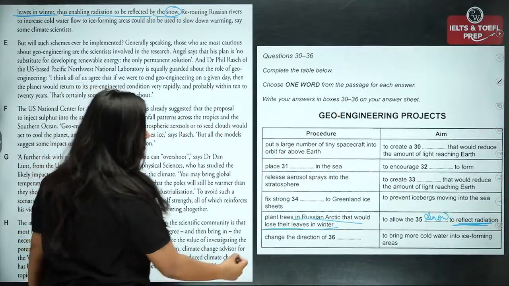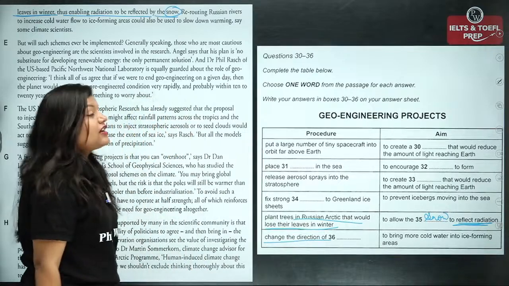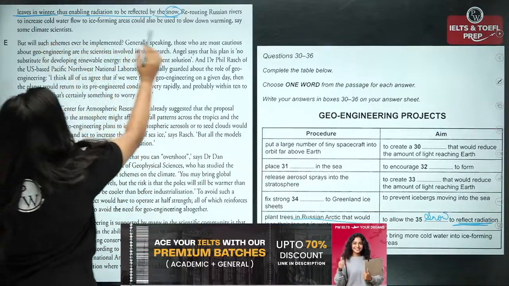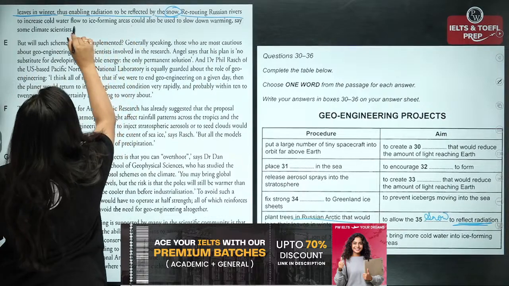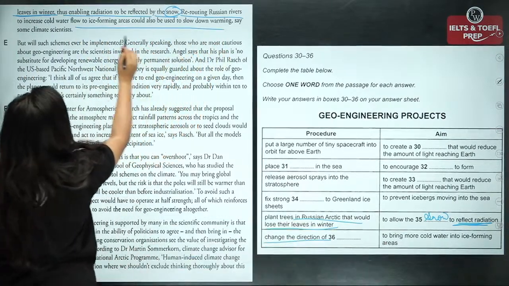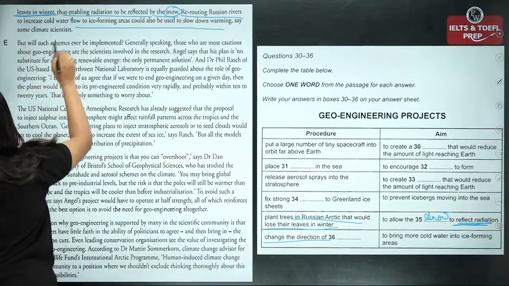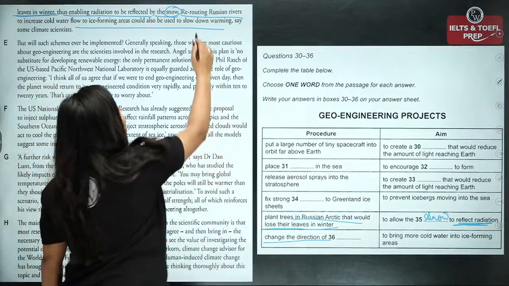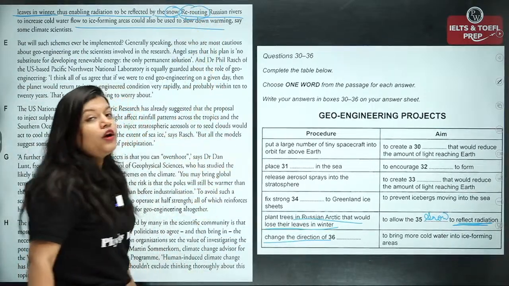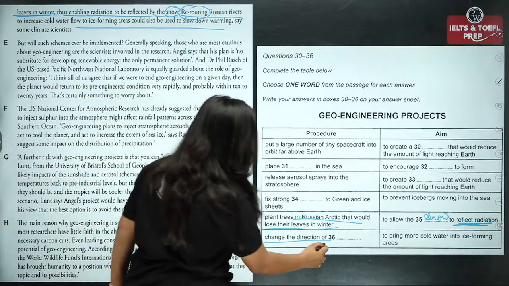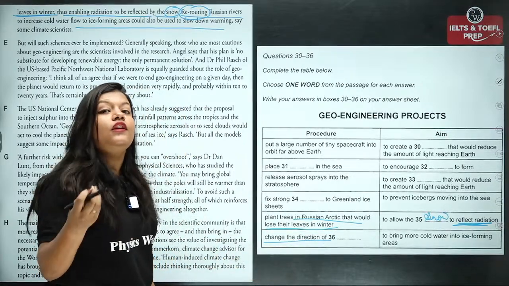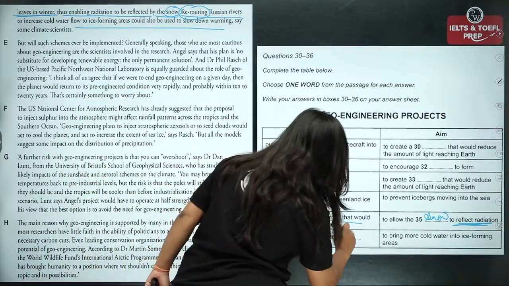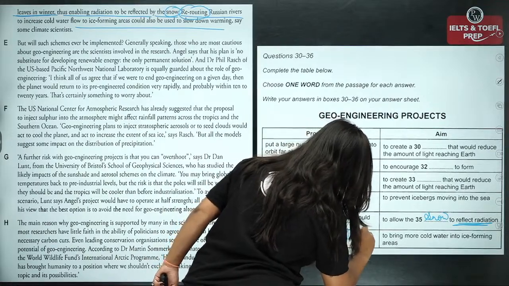What's next? Change the direction of. What we need to change the direction of? Okay. Now, rerouting Russian rivers to increase cold water flow to ice forming areas could also be used to slow down warming, say some climate scientists. Rerouting Russian rivers. What is being rerouted? Change the direction. What is the meaning of change the direction? Change the direction means rerouting. Again, change the direction of rivers. We have Russian rivers, right?